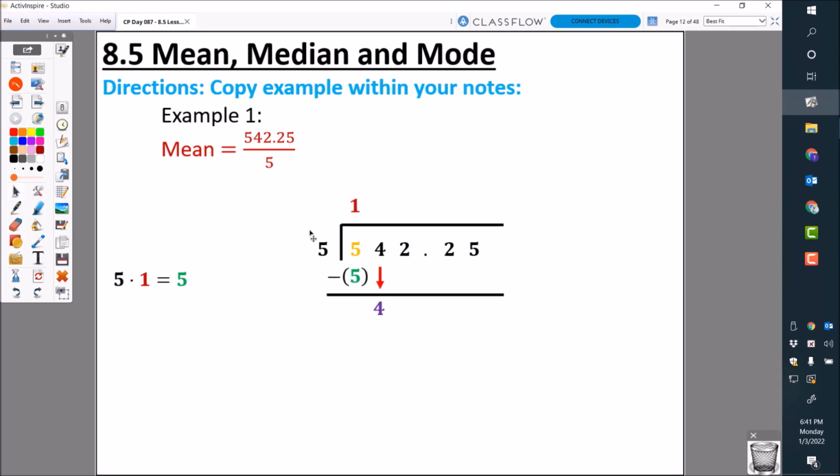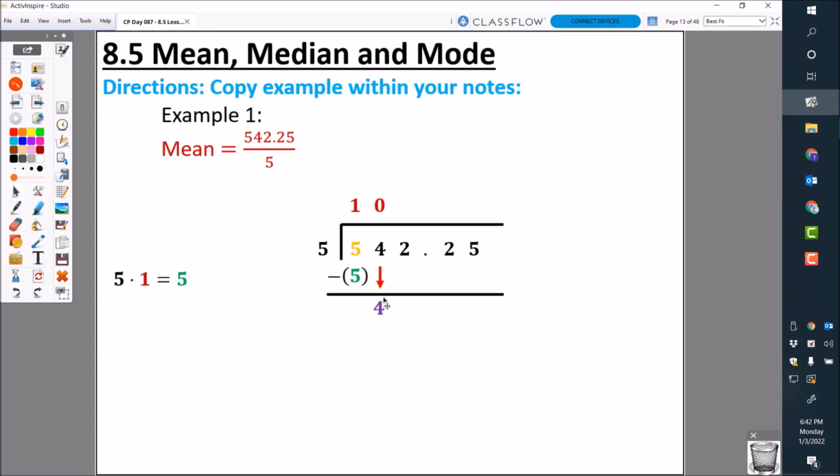So what we're going to do next is repeat the process. I'm going to look at the 5 on the outside, my divisor, and I'm going to ask myself, how many times does 5 go into 4? It would be 0 because 5 is greater than 4. So there's going to be 0. And I'm going to put 0 above 4.